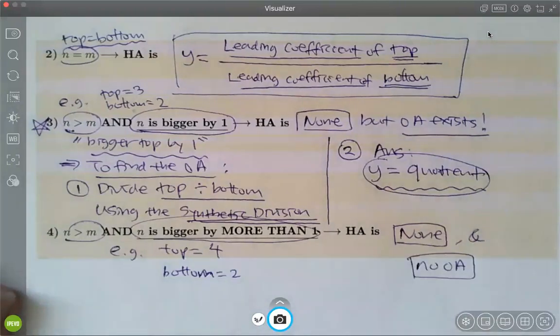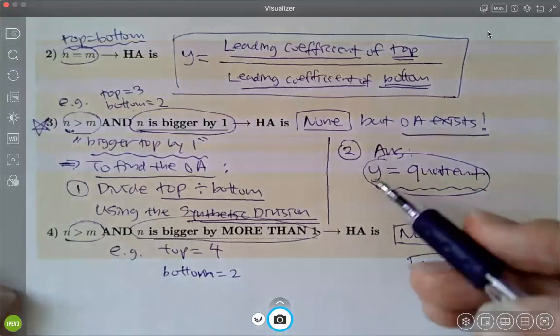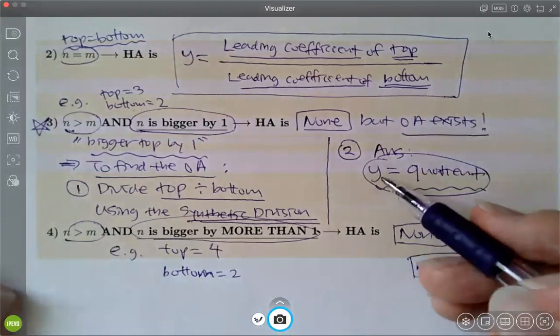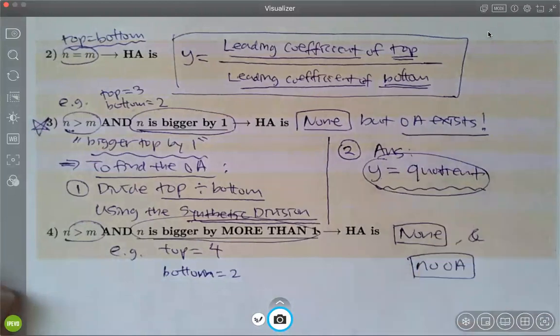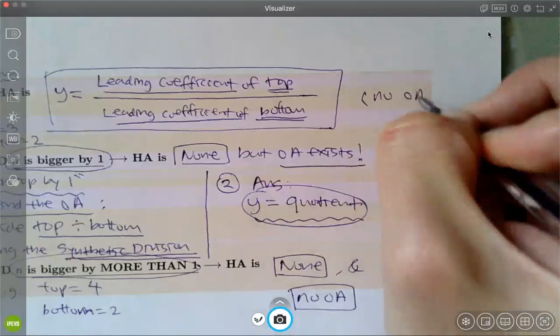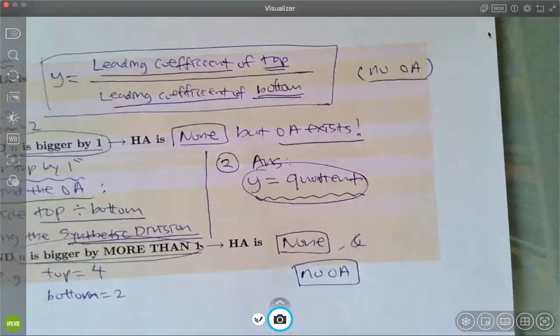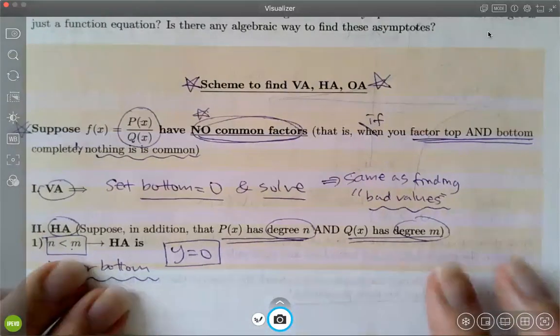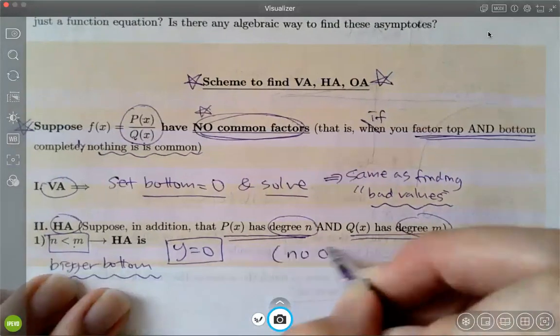Okay, so I didn't write the oblique asymptote for the other cases, but like I said a few minutes ago, that is the only case where the oblique asymptote exists. For every other case, there's no OA. So no OA for case number 2, and no OA for case number 1 as well.